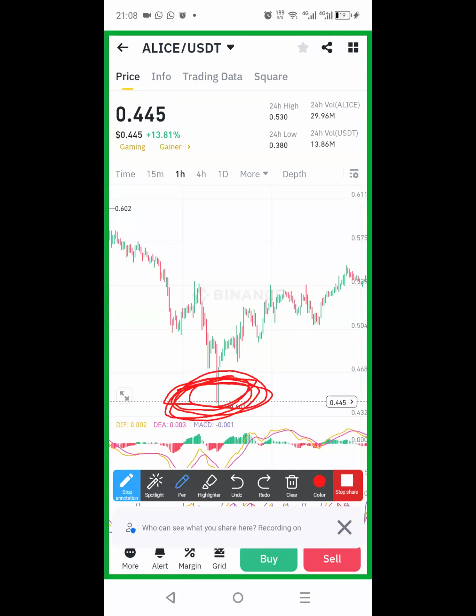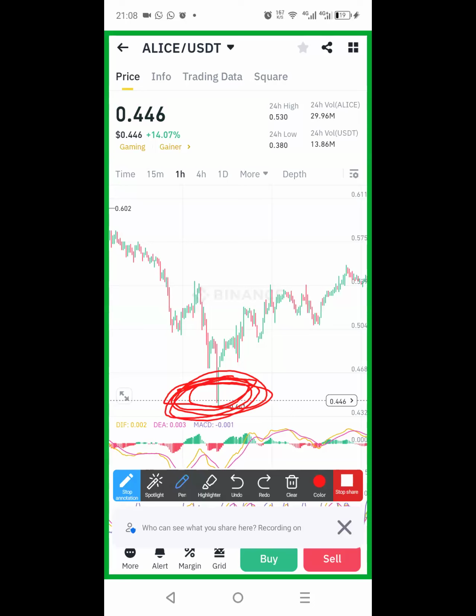And also, if we say a particular coin is going in an uptrend movement, it doesn't mean that coin won't have ups and downs. It will have ups and downs, but the ups will be more than the lows. I don't know if you are getting me.